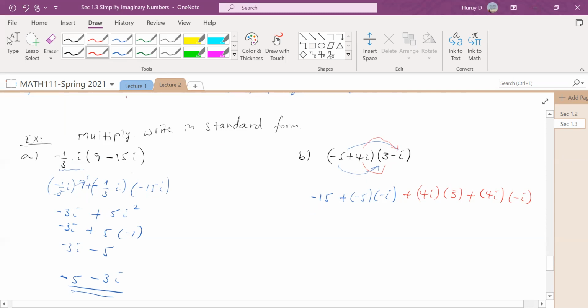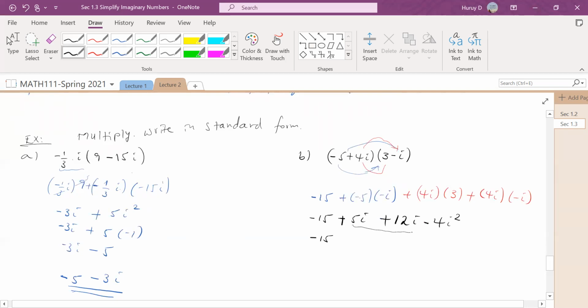So I have -15, and here we have negative times negative, it becomes positive. 5 times i is just 5i. Here we have 4i times 3, so it will be 12i. And here we have 4i times -i, it becomes -4i squared.